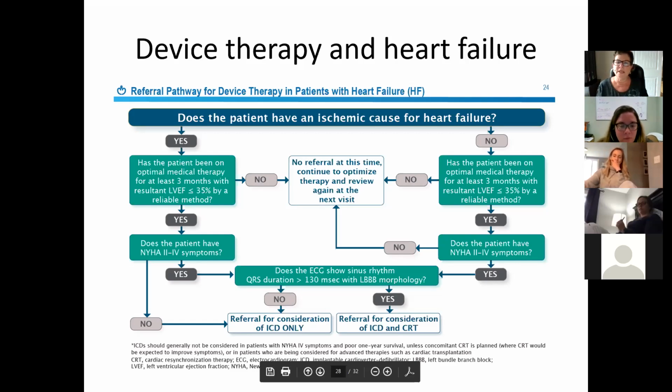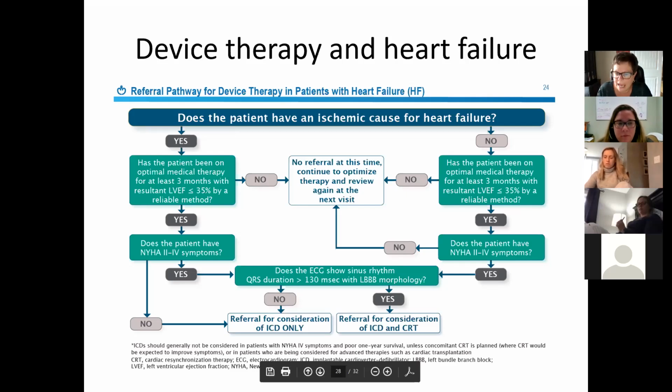And so what they do is they wait at least 3 months from the insult, if you've had a myocardial infarction or you've been admitted with your first diagnosis of heart failure. They give your heart a little bit of time to recover on its own, and then they bring you back, do an echo, and determine, hey, this guy has a wide QRS and he has a low EF.